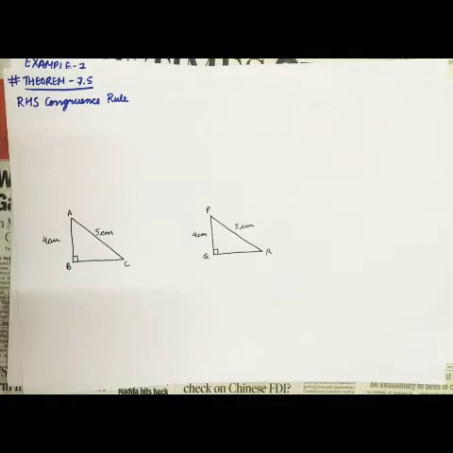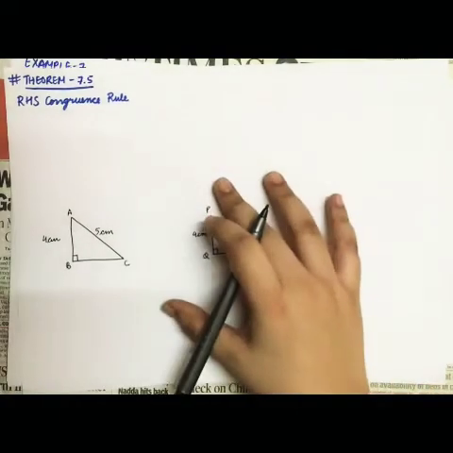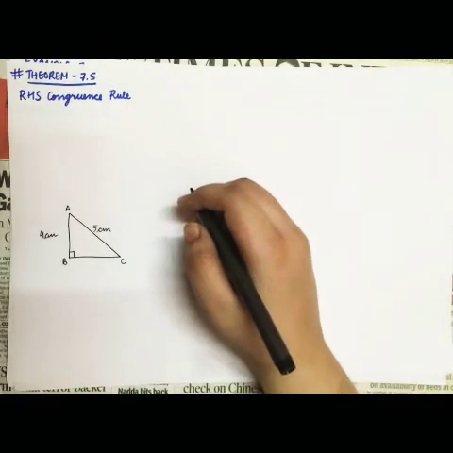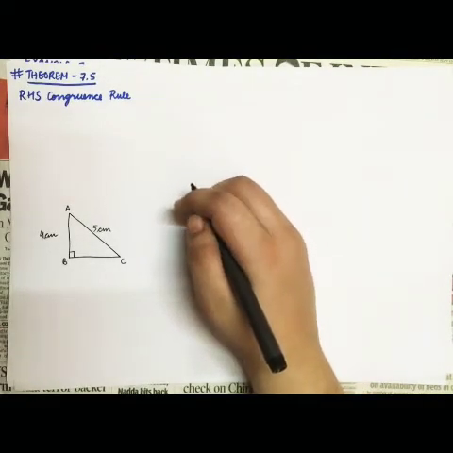Now theorem 7.5, which is the RHS congruence rule. RHS stands for right angle hypotenuse side.